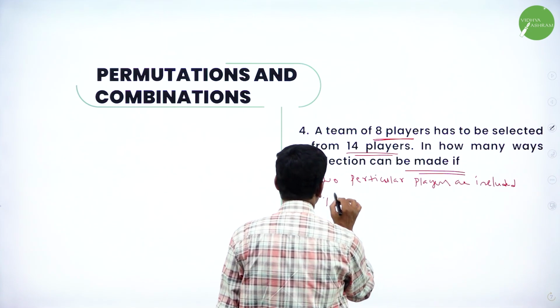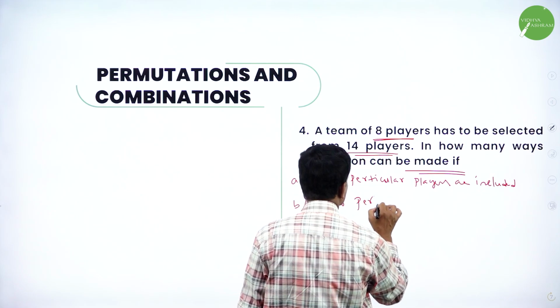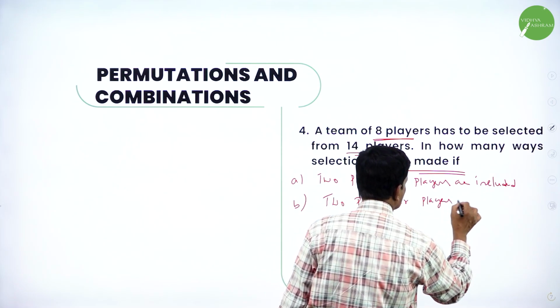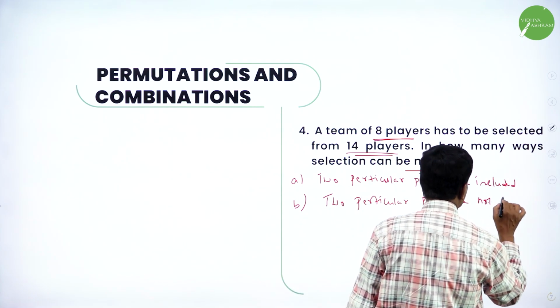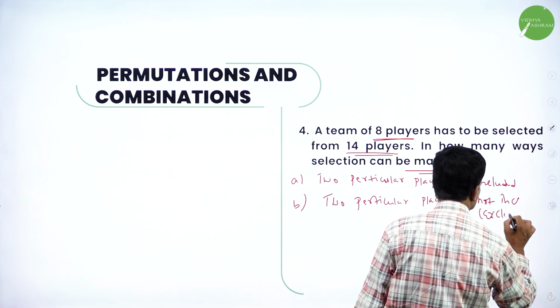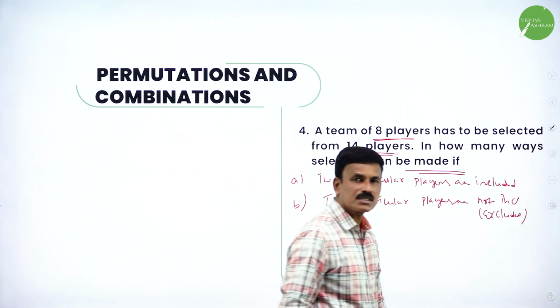Second condition, if 2 particular players are not included, that is, excluded. Not included means excluded. 2 particular players are excluded.